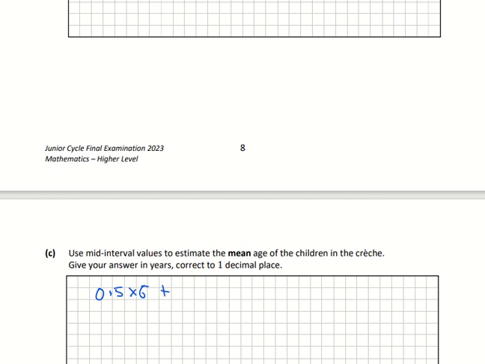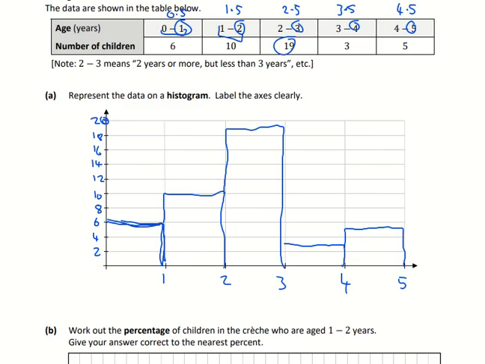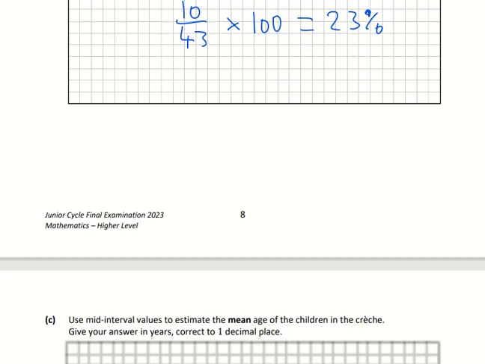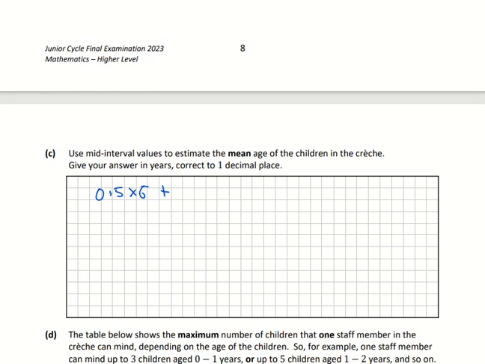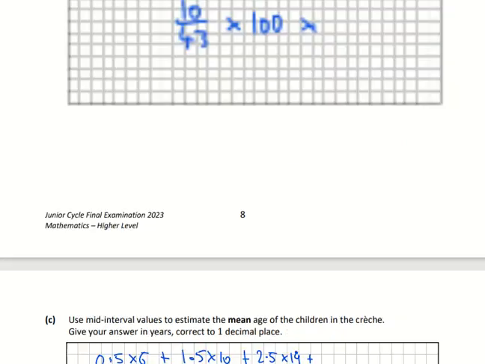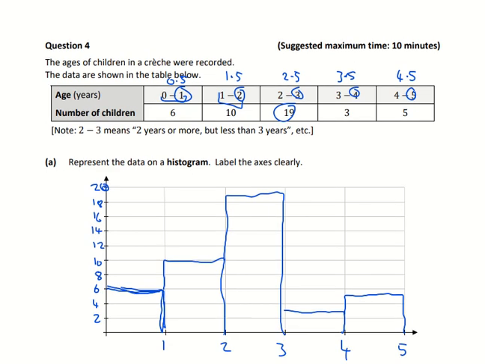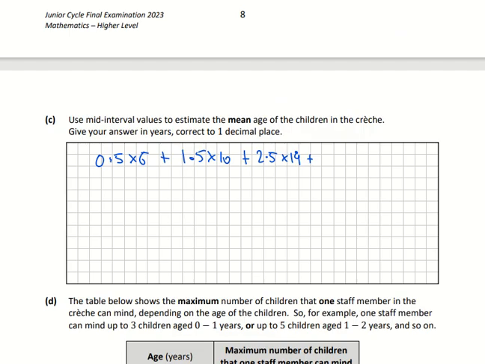And then we're going to add on the next one. So it'll be 1.5 multiplied by 10. Plus 2.5 multiplied by 19. Plus 3.5 multiplied by 3.